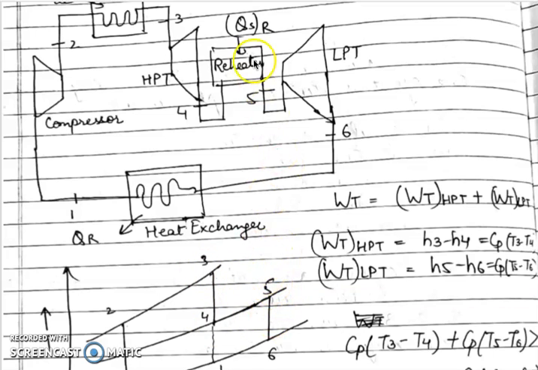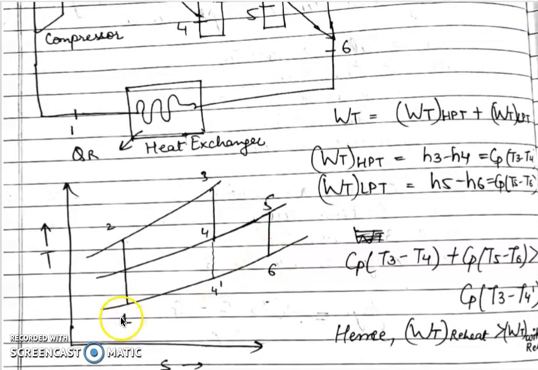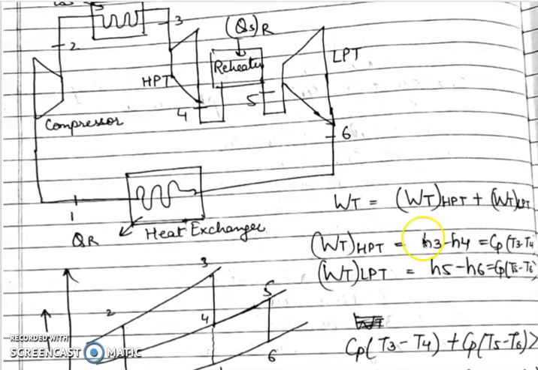The next turbine is the low pressure turbine, which is used for further expansion of the air from 5 to 6, and then 6 to 1 is the heat exchanger, which is used for extraction of heat, and the air reaches the initial condition 1 and is circulated again and again in this cycle.